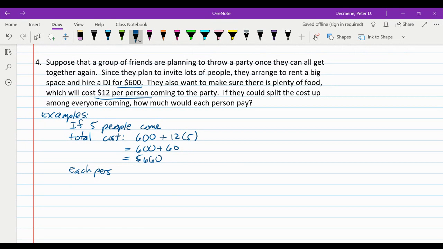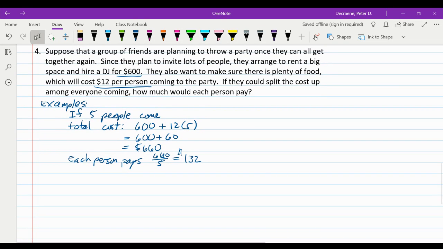Each person pays $660 divided by 5, which is $132. That's a lot of money for each person to pay.